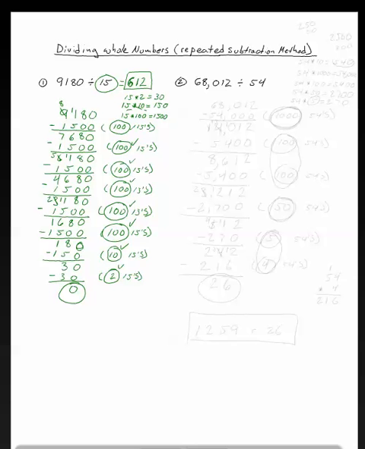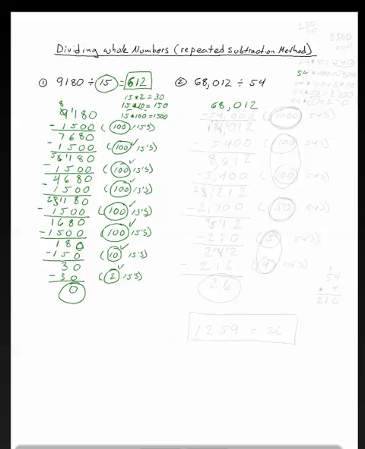In problem 2, we're going to do it very, very similarly. This is 68,012 divided by 54. So we want to know how many times 54 can be subtracted from 68,012. And we just start off with some fairly simple multiplications.